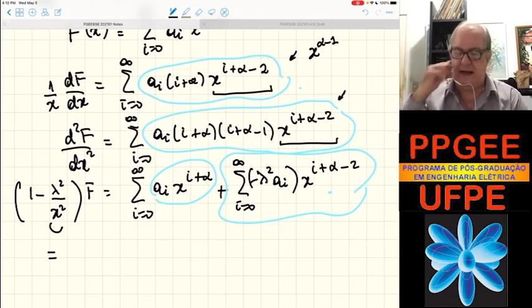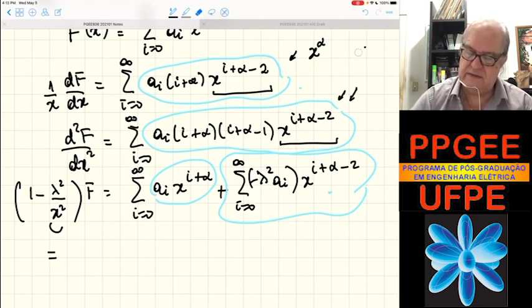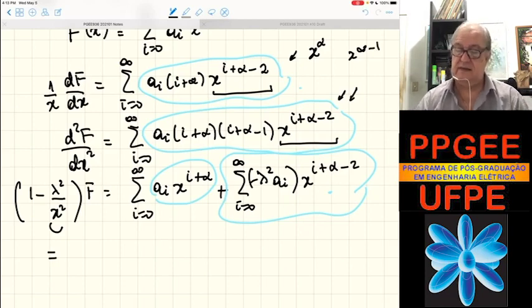There's one coefficient there, here too. Then you have x to alpha.